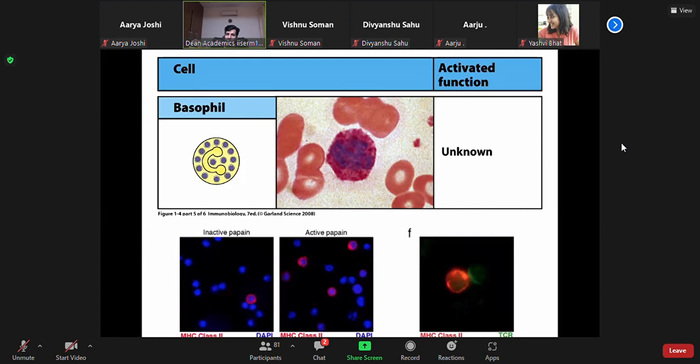Or, if you got a chance to read this paper and specifically want to ask a question on this. What I wanted to show you here was that basophils were shown to express MHC class 2 on their surface, and the class 2 expression was upregulated when antigen was added. And these MHC class 2 expressing basophils were able to engage your T cells and activate them. All these features are associated with antigen-presenting cells.